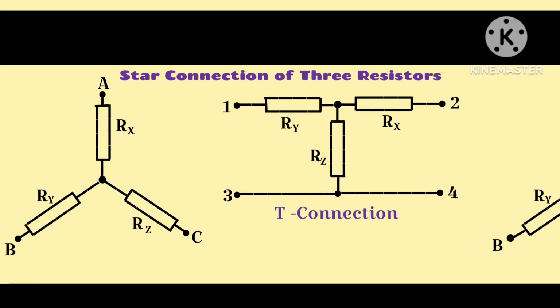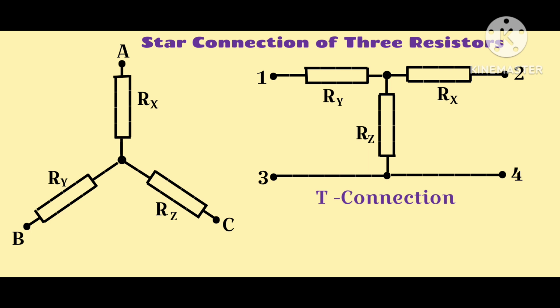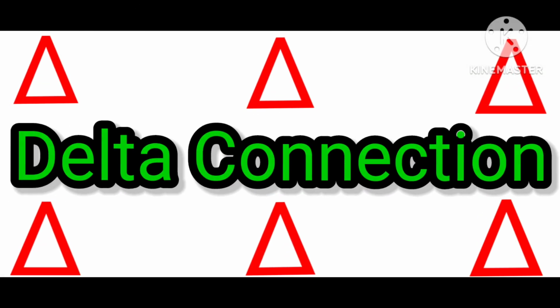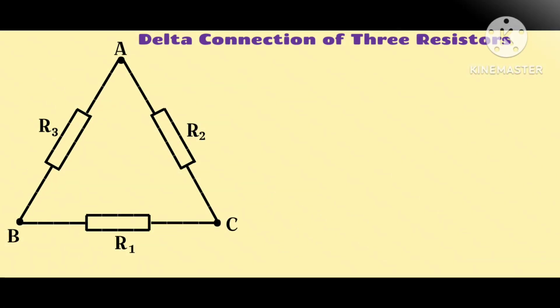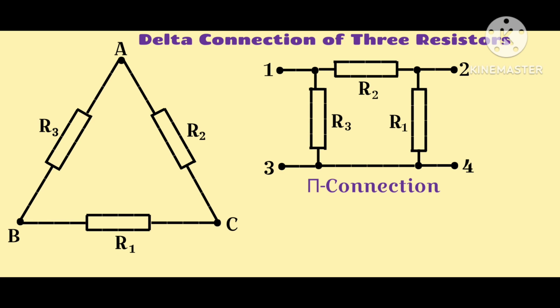A star connection is the same as a T connection, as shown in the figure. The following is how a delta connection of 3 resistors looks. A delta connection is the same as a pi connection, as shown in the figure.